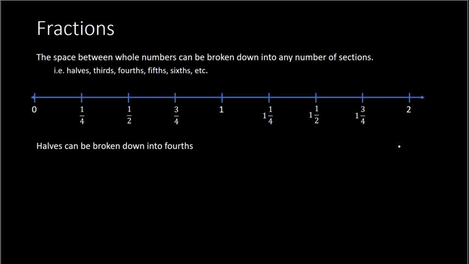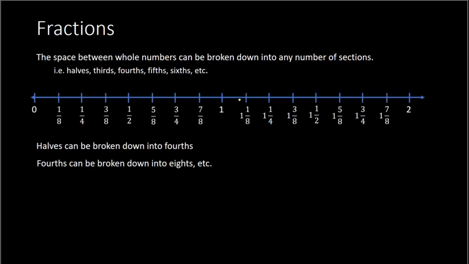And then we could break this down further if we wanted. The fourths we could break down and take half of them, which would break it down into 8ths. So if you take half of each of these segments we created, we now have it broken down into 8ths.